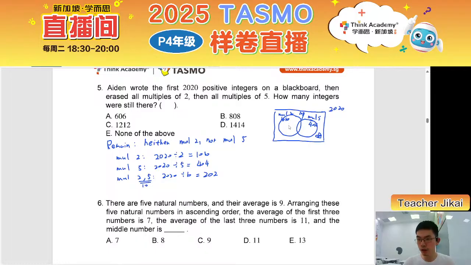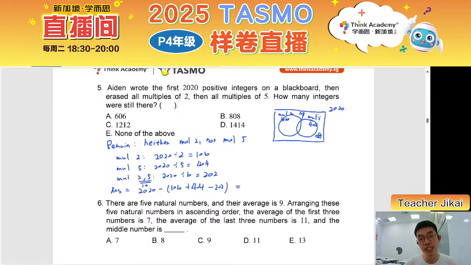So we are going to calculate the star here. The star is which part of it? None of it. But we can still calculate the part based on these three parts, right? The answer is 2020, which is the total, and we minus the things inside the two sets, right? So it is minus this 1010 plus 404 minus 202, right?